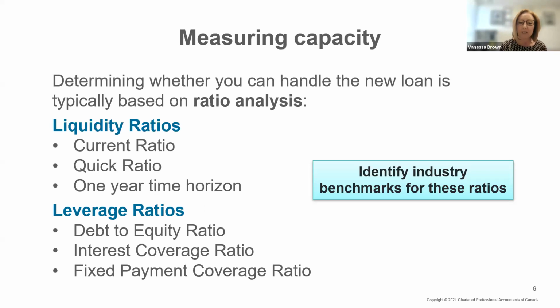Debt to equity, we have interest coverage. So how easy is it for the business to cover the interest cost? Can they repay that interest cost on a regular basis? And then we also have a fixed payment coverage ratio, which would incorporate any fixed lease agreements that you have. So on top of your borrowing payments, anything else that the business is committed to pay on a regular monthly basis.